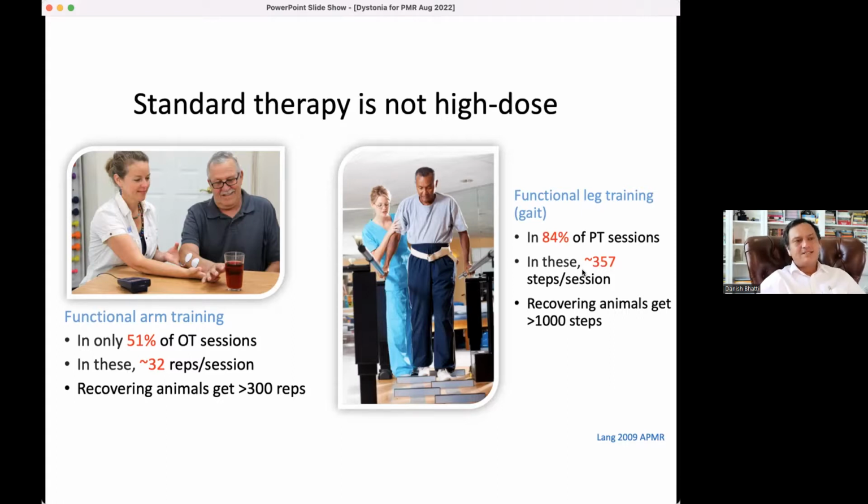But in contrast, the animal studies that showed benefit typically have much higher reps, more than 300 reps for animals, multiple sessions during the day, more than 1,000 steps for recovering animals that get improvement in dystonia. So it may be that dystonia therapy needs to be modified and made more intense, based on the animal studies.